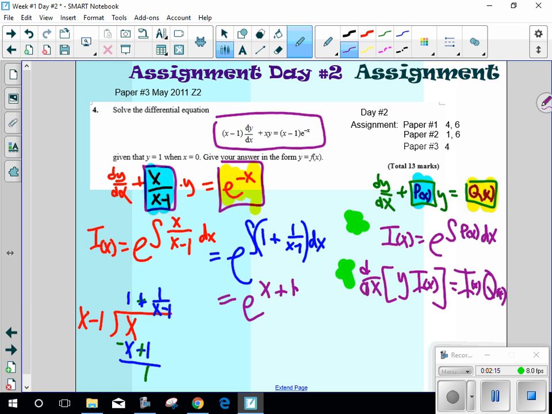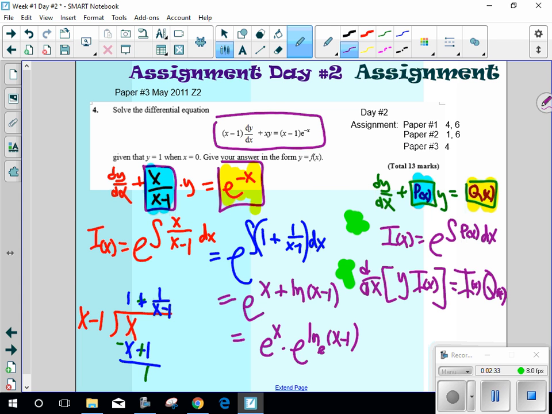Yes, natural log of x minus 1, because u is x minus 1, the derivative is 1, so it's just du over u, natural log. This is the same as e to the x times e to the log base e of x minus 1.